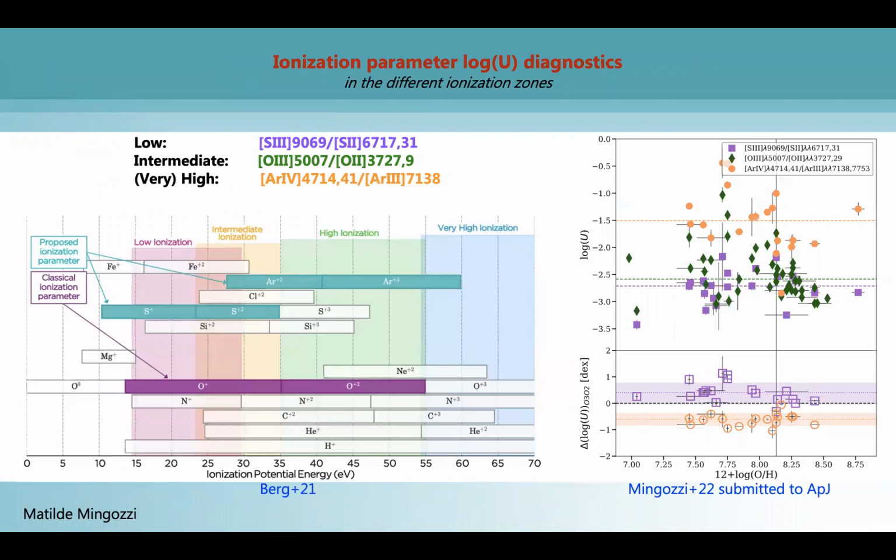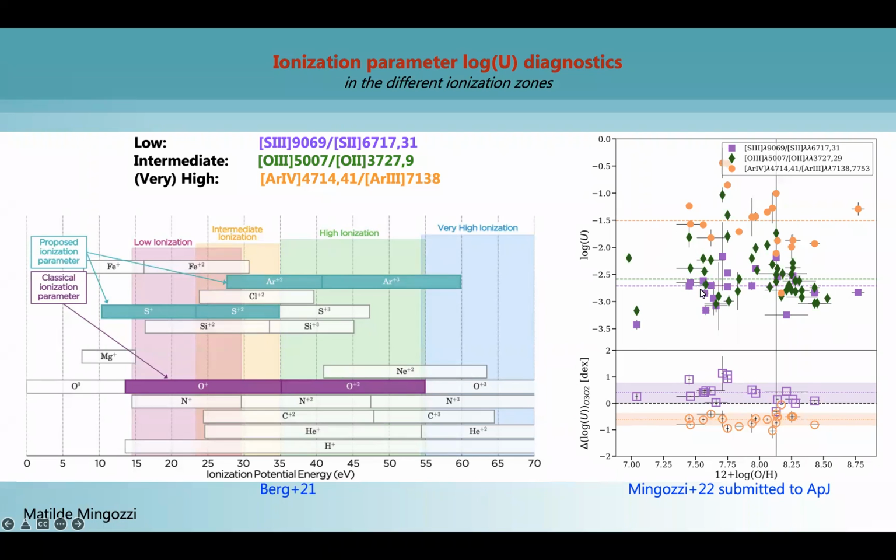Then concerning the ionization parameter, that is another of the properties of star-forming regions. In the optical, this is again a cartoon from 2021, you have different tracers that you can use: sulfur 3, sulfur 2, oxygen 3, oxygen 2, argon 4, argon 3, that basically trace the ionization parameter of the different ionization regions within star-forming regions. We calculated in the optical the ionization parameter using the 3 different prescriptions, finding surprisingly an offset between them.